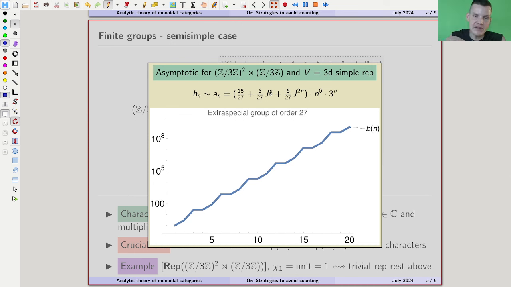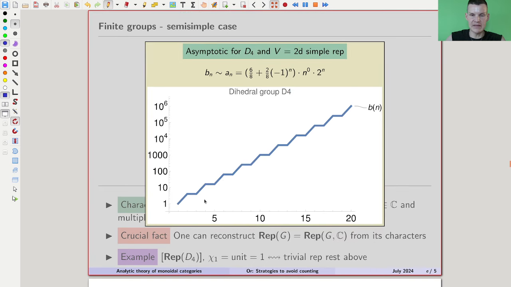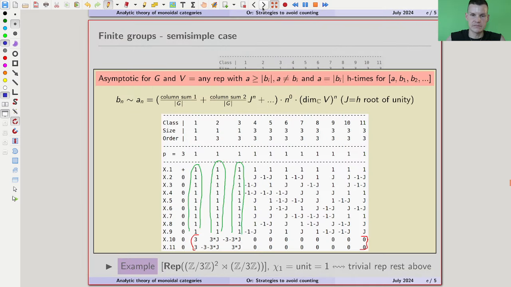If you have 3, you get a third root of unity. If you have 4, you get a fourth root of unity, and so on. But otherwise, it's just the corresponding column sums divided by the order of the group. And you can really see that in the behavior, because in this case they compete, they go hand in hand, they compete, they go hand in hand.